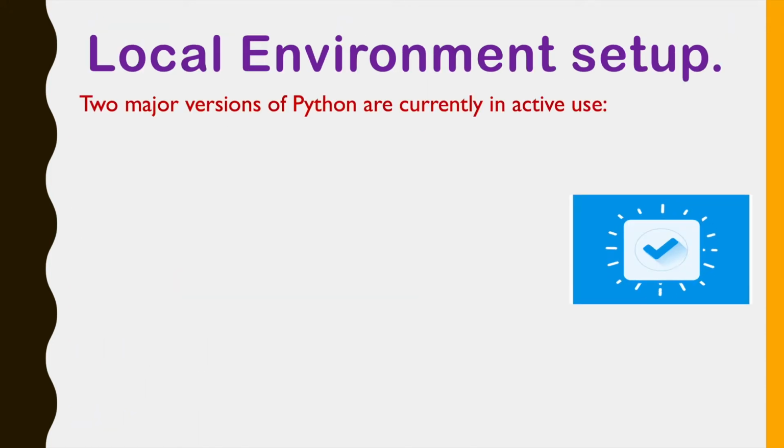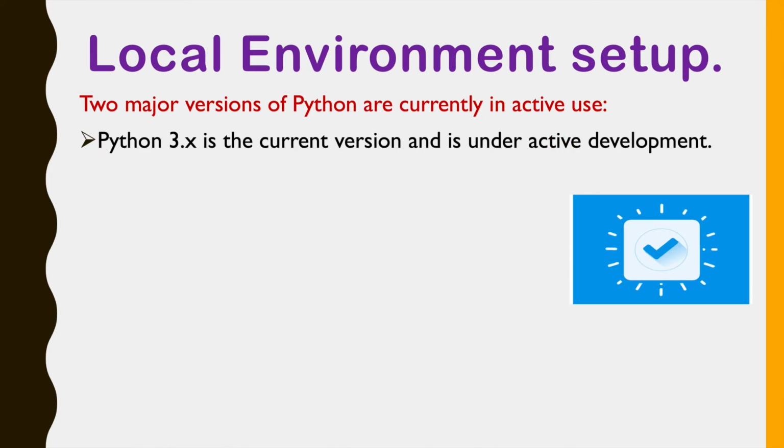Python works on Linux, Mac, Windows, and several other platforms. It comes pre-installed on Mac operating system and most of the Linux distributions. So if you want to update, then you probably need to download and install the latest version. You also have the choice of using different Python versions for different projects. There are two major versions of Python that are currently in active use.